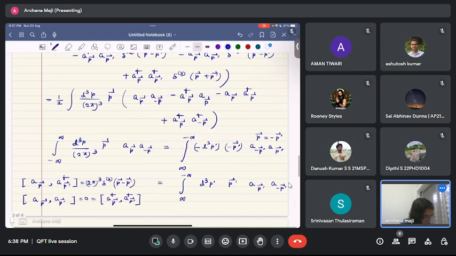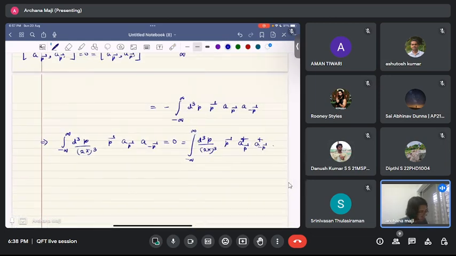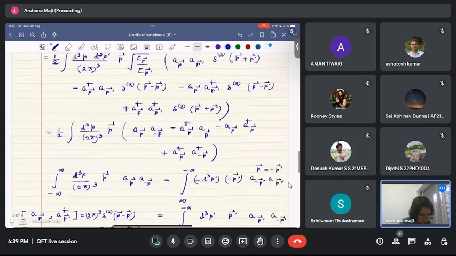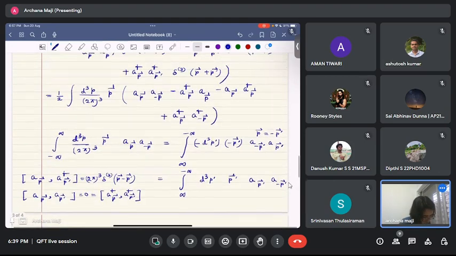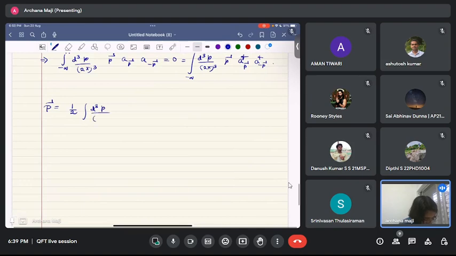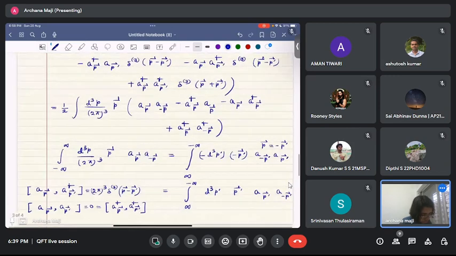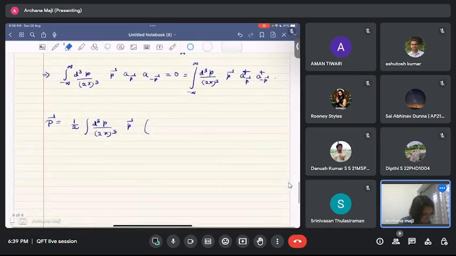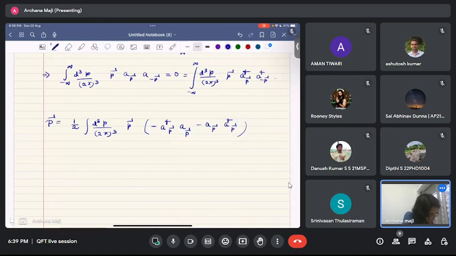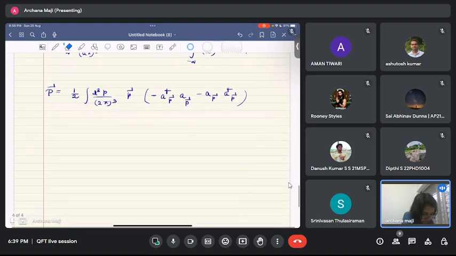Okay. So then those two terms are not there, and what we are left with is P equal to half of the integral d3p over 2 pi q, p times a dagger p a p minus a p a dagger p. Okay, and now we can use that commutation relation.